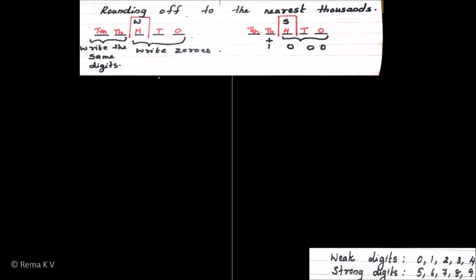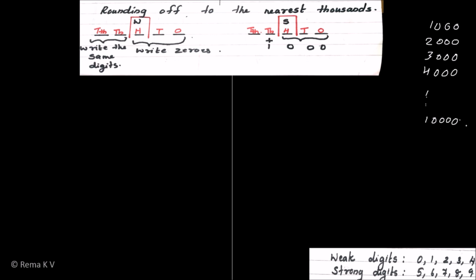Rounding off to the nearest thousands. The same rule is applied here. In thousands, you know which are the thousands: 1000, then 2000, then 3000, 4000, etc. We can write 10,000.